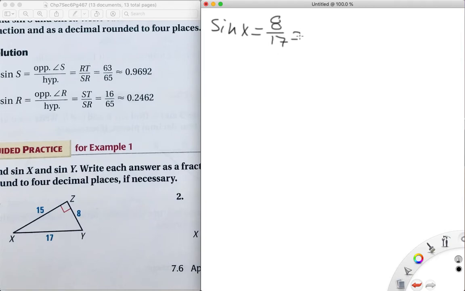And 8 over 17 is 0.4706. And then sine of Y, here's Y, opposite over hypotenuse, that's going to be 15 over 17, which is 0.8824.